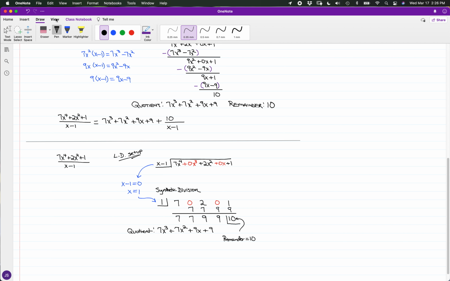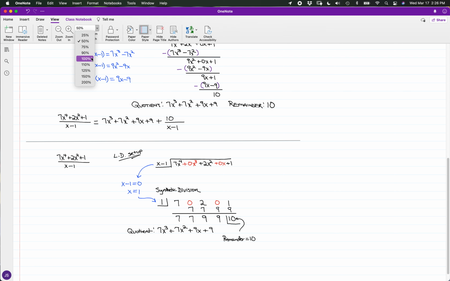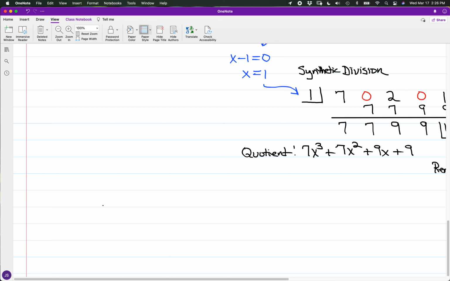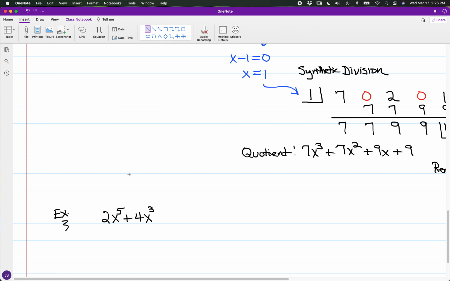Let's say we have 2x to the 5th plus 4x cubed, all over x plus 2.